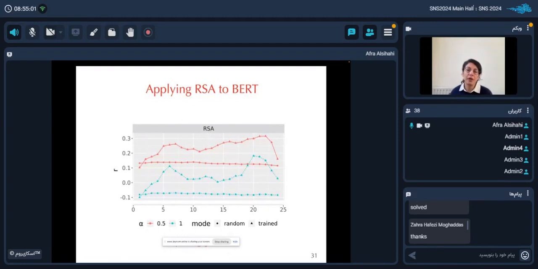If you apply this RSA technique on different layers of BERT, you would see that in the final layers of the model, so this is the large BERT, which has 25 layers, layers between 21, 22, up until 24 encode a lot of syntactic information, whereas the lower layers don't have as much syntactic information encoded in them.